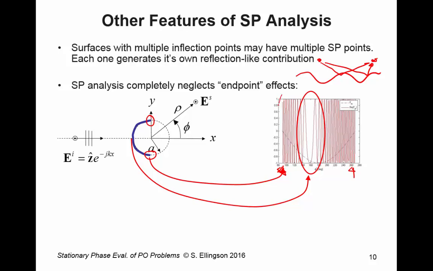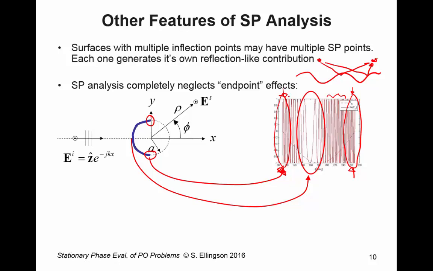So I get a fraction of a period of this rotating phasor left over from this section here, right? I get lots of cancellation here, but at the very ends, I have a partial period of the spinning phasor. That's an endpoint effect, and it can degrade the quality of the stationary phase analysis.